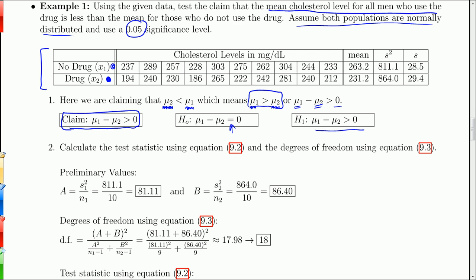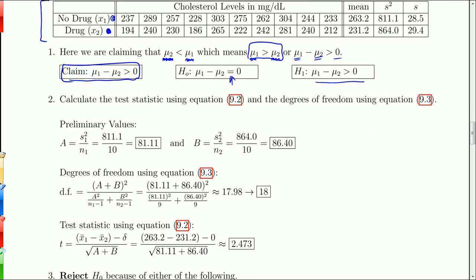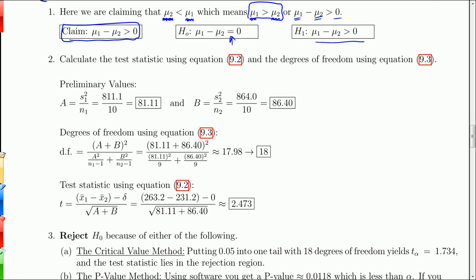Now I'm going to calculate the test statistic and the degrees of freedom. Again, I'll calculate the degrees of freedom here, but on example problems in the worksheet or in the problem set, you'll be given the degrees of freedom. So some preliminary values. If you look for the test statistic way down here, it has this A and this B in there.